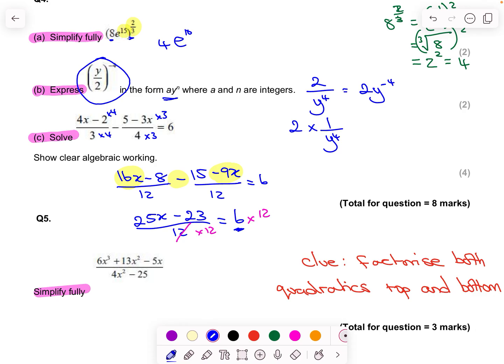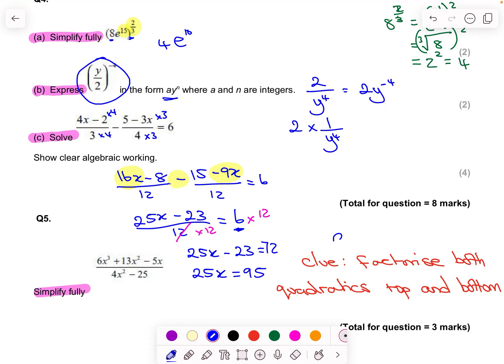Okay, this is just the same thing. So then I get 25x minus 23 equals 72. I add 23 to both sides. So 72 plus 23 is 95.